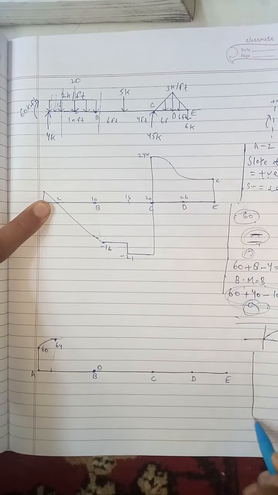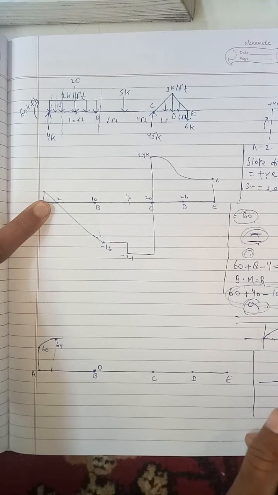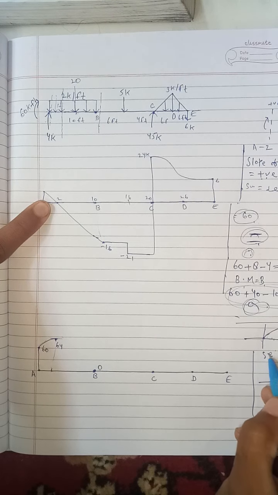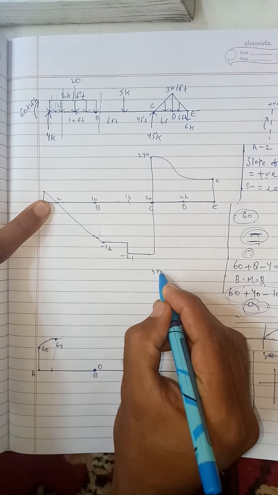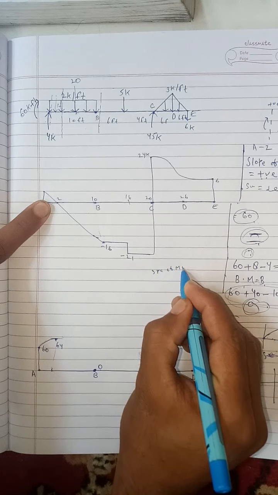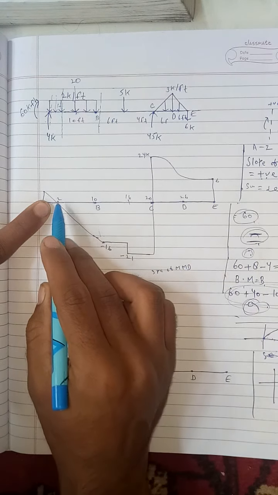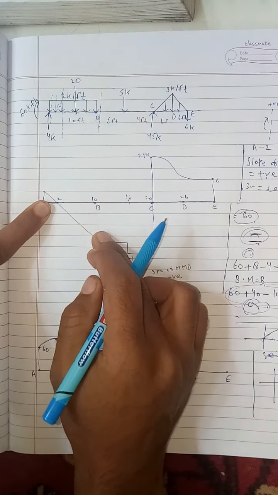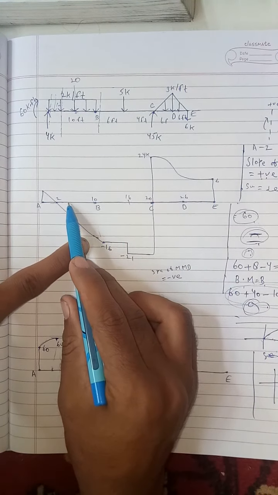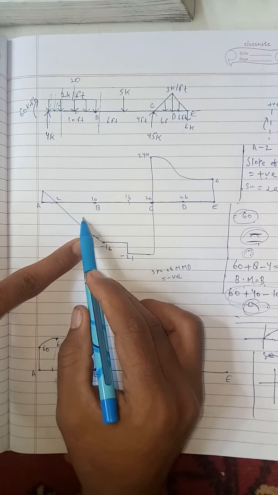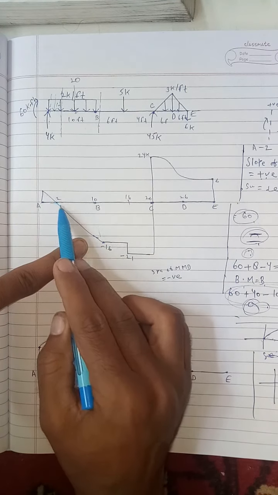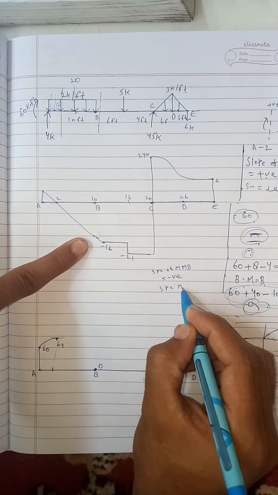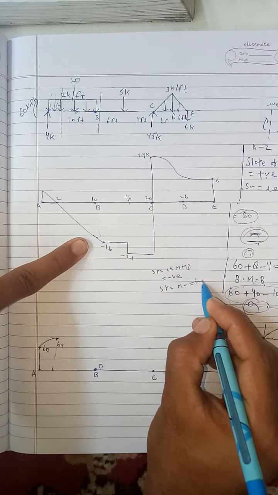The shear force is the slope of the bending moment diagram, so the slope of the bending moment diagram from Z to B will be negative, because the shear force is negative and the shear force is increasing in magnitude. You can see it is increasing in magnitude from this point to this point. So we will write the slope of the bending moment diagram will be increasing in magnitude.